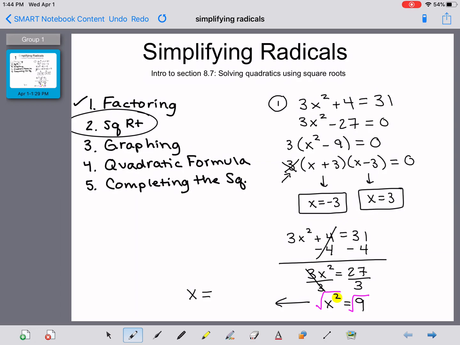The right side, the square root of 9 is 3. But anytime you take the square root of both sides like that, you're going to put a plus or minus on your answer. So there are 2 answers to this question, 3 and negative 3. We typically will write it as plus or minus 3, right? Notice we got the same 2 answers when we did the factoring method, right? And that is solving using square roots.